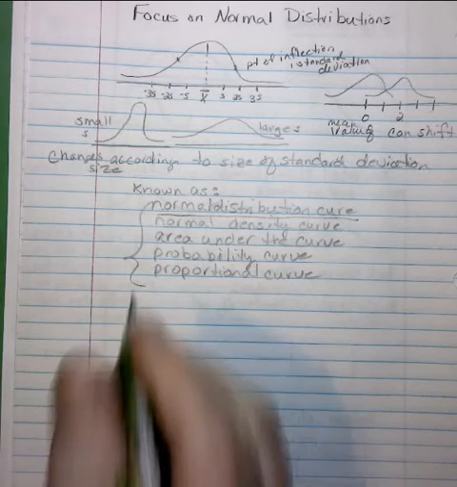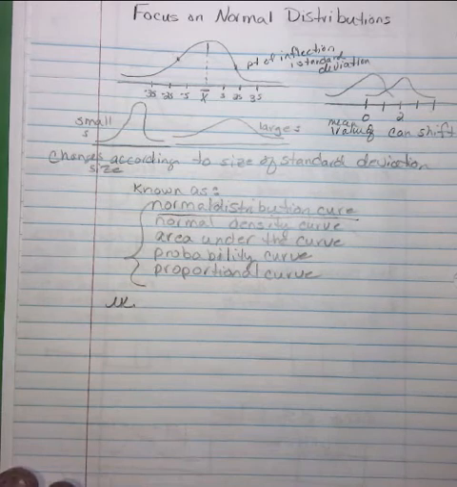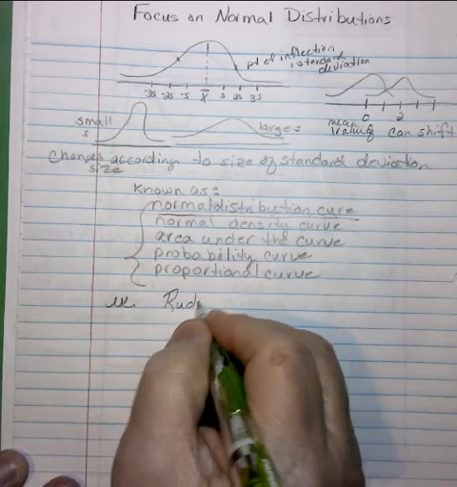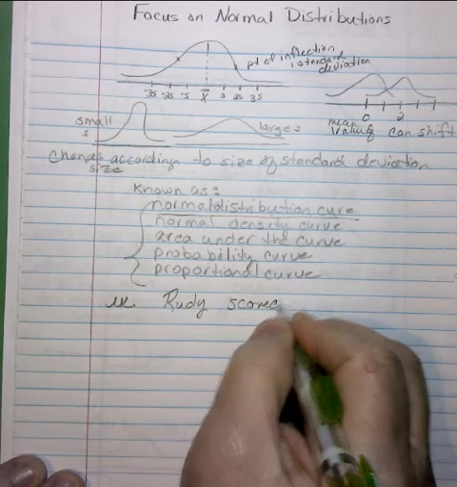Now let's look at a type of problem that we might have. If we had a problem, let's say we had a person named Rudy who scored an 80 on a history test.